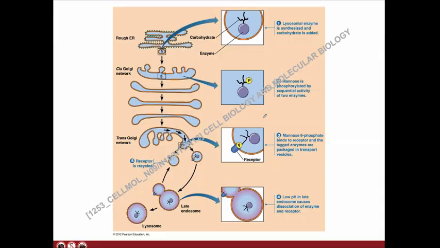And then our receptor ligand complex is now being packed into a transport vesicle and conveyed to an endosome. Okay. In your animal cells, lysosomal enzymes are transported from the TGN to your organelles known as your late endosomes.